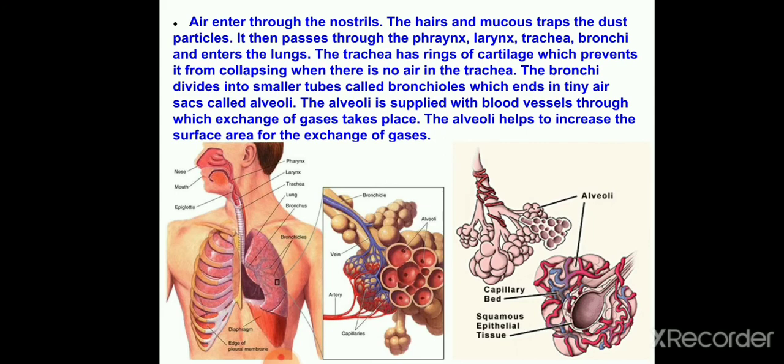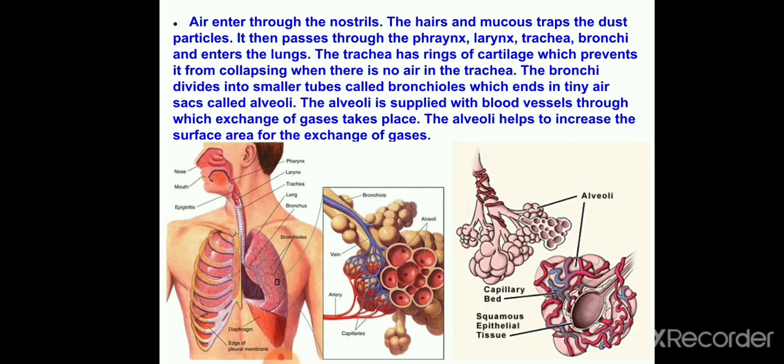Air enters through the nostrils, where the hairs and mucus trap dust particles. It then passes through the pharynx, larynx, trachea, and bronchi, and enters the lungs. The trachea has rings of cartilage which prevent it from collapsing when there is no air in it. These C-shaped, ring-like structures give strength to the tube.